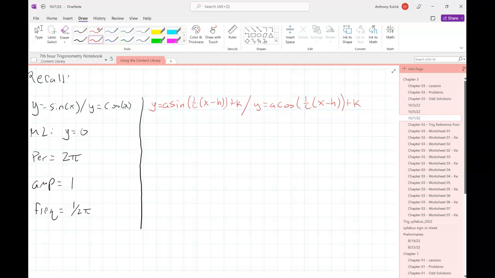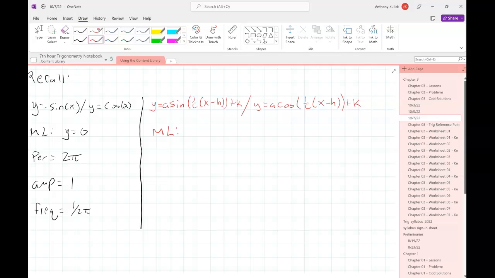What I want to talk about here to start with is how these transformations affect the locations for the midline, the length of the period, the size of the amplitude, the frequency, etc. So we have the midline. We'll start there.